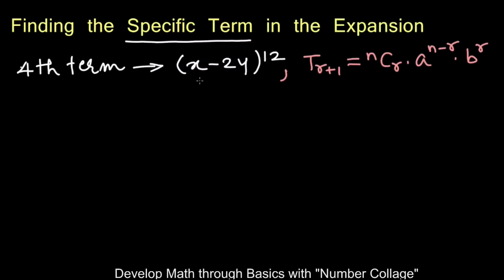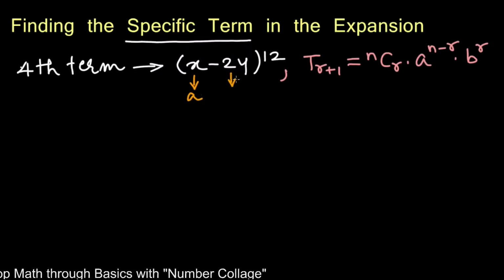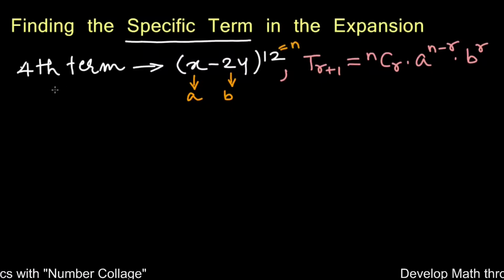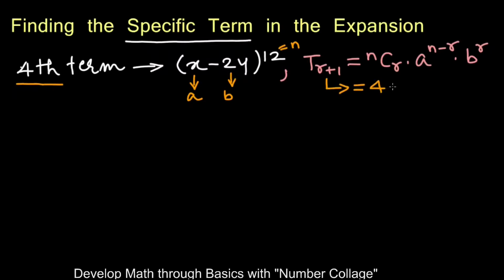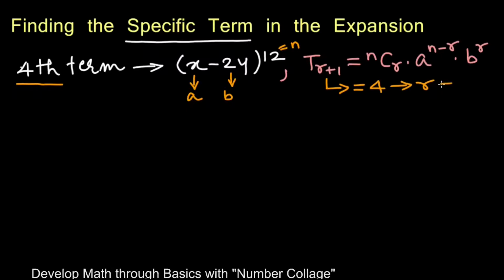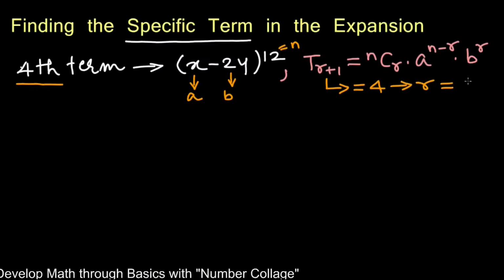In this binomial, x is a, minus 2y is b, and 12 is n. And since we have to find the fourth term, r plus 1 will be equal to 4. That will give us r equals 4 minus 1, that is 3.